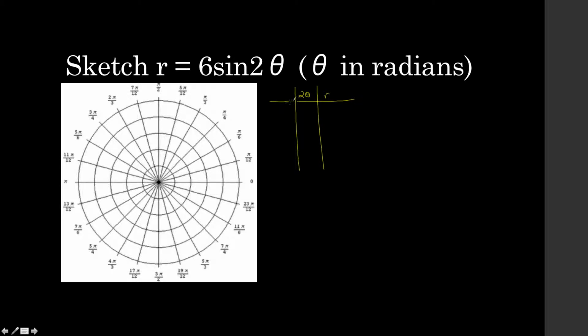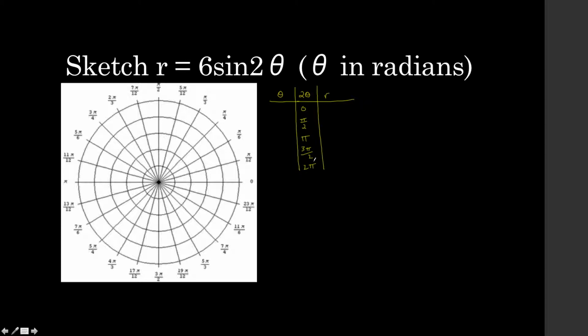Our T-chart is now going to have 3 columns, because we no longer just have theta as the angle, it's 2 theta. So what I need to find out is where 2 theta equals our quadrantal angles.